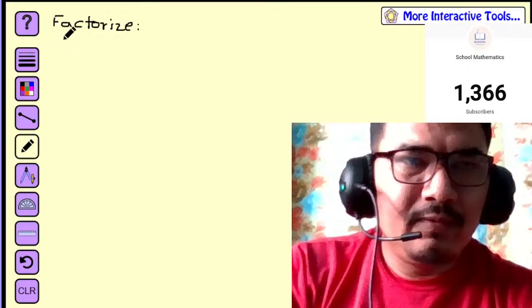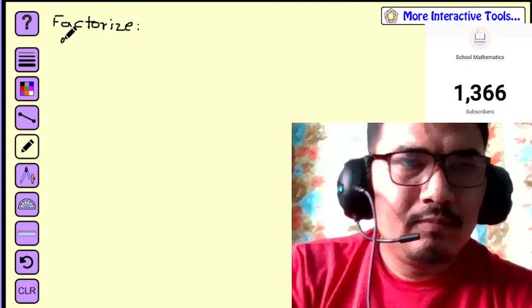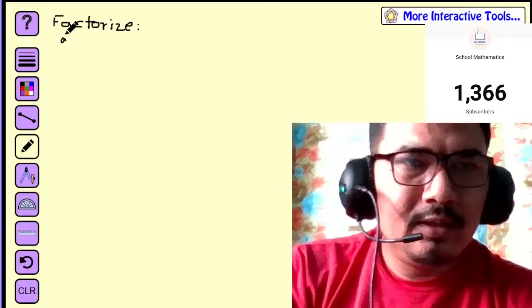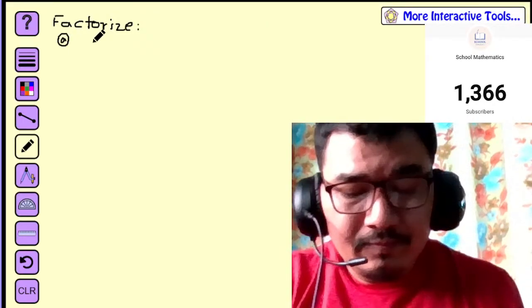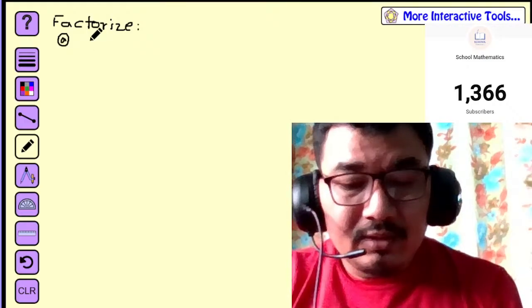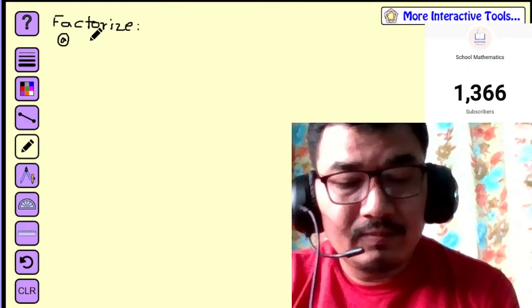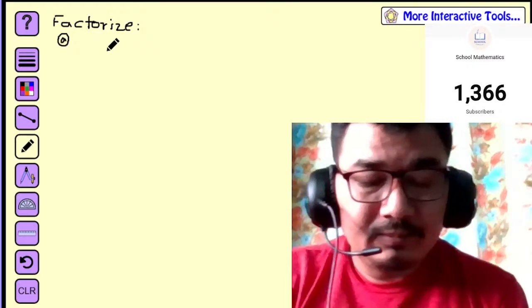Okay, first question I'm giving here like this. Look here. This is a number that I am giving here, and the first question of this factorization goes like this.